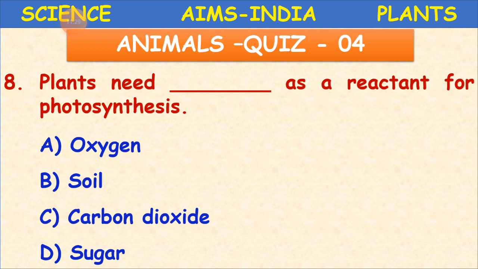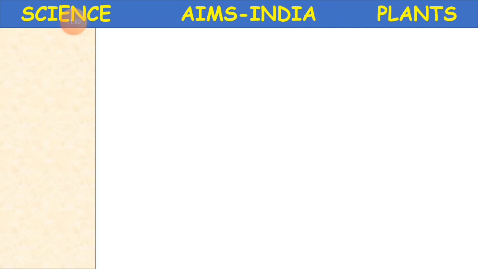A, B, C or D? Yes, it is C, carbon dioxide. Plants need carbon dioxide as a reactant for photosynthesis. They receive carbon dioxide and they release oxygen actually. Okay, good. Then the next question.